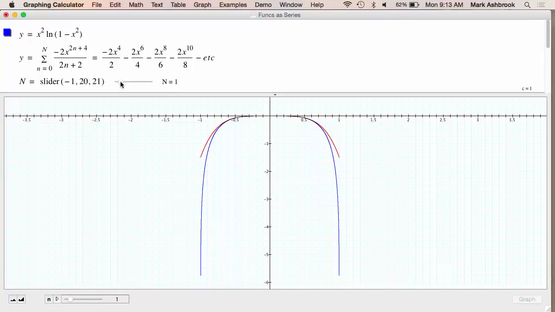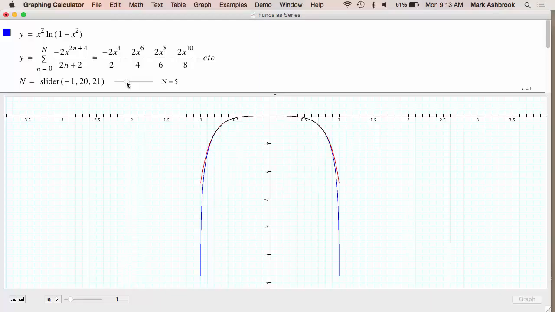So every time I add on a term of the series, watch the red graph. There's capital N equals 2. Capital N equals 3. So with each term that I add on, I'm getting a better and better approximation of the whole series, which is the function, x squared ln 1 minus x squared.